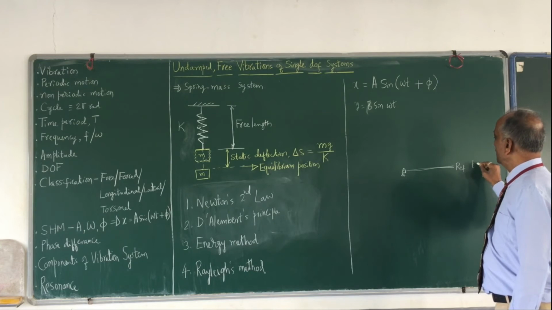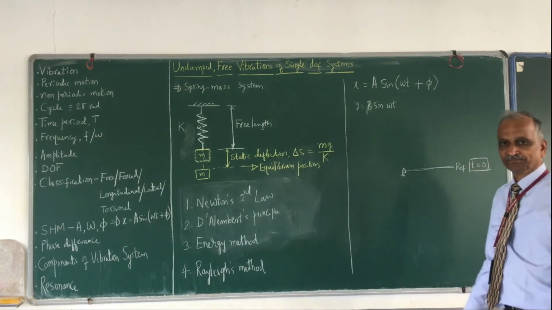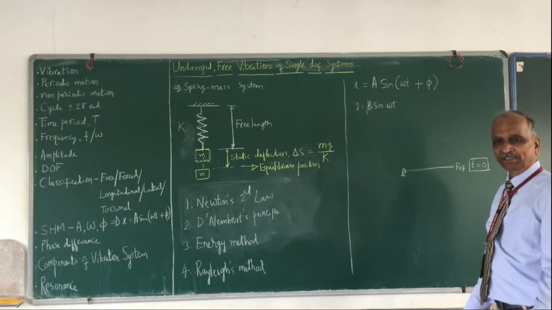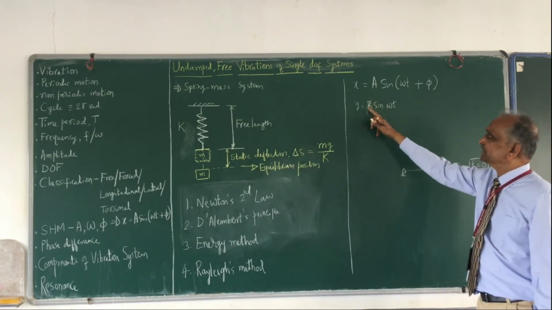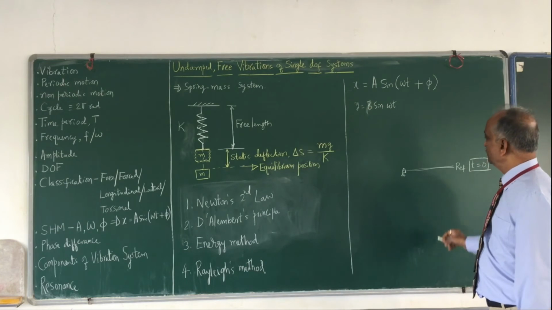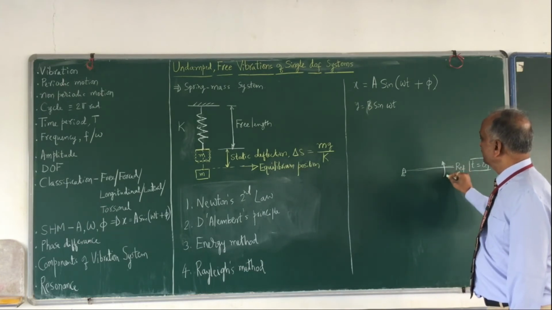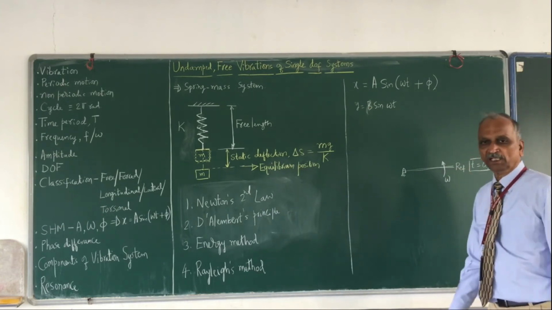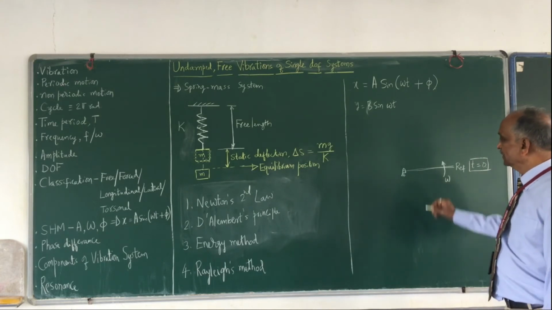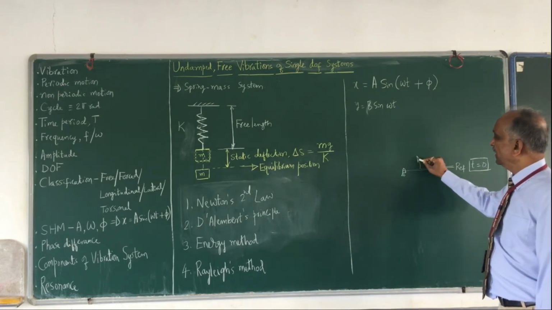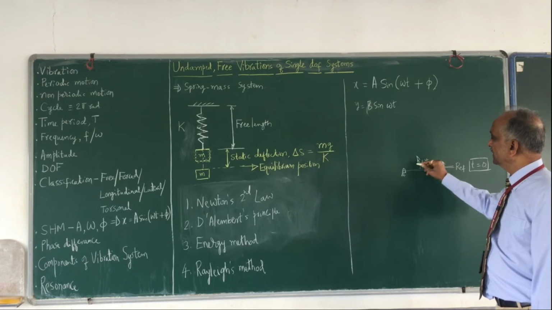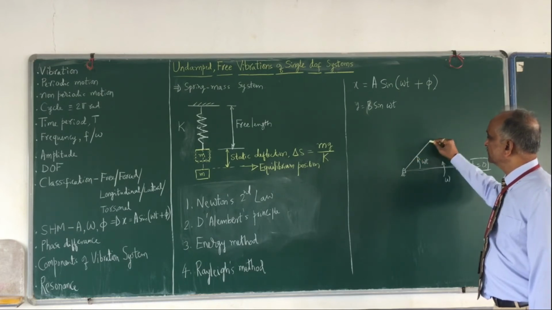This means at t equal to 0, this is my starting point. Then I have a vector whose length is b, and it is moving at an angular velocity of omega. So I have an angle called omega t, and draw this.